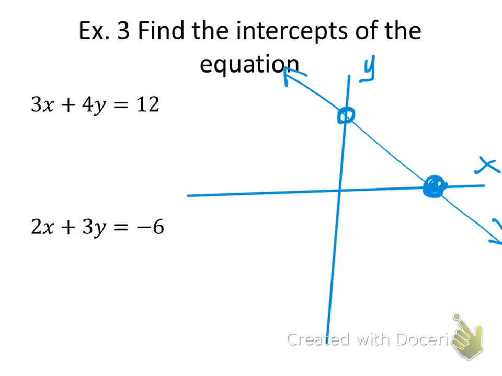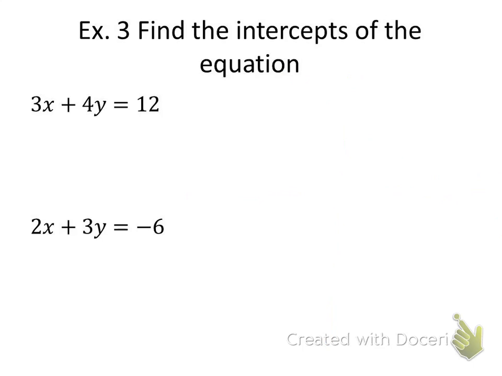There is a very, very simple way to find these intercepts. If you want to find the x-intercept, all I need to do is plug in a 0 for y. If I want to find the y-intercept, all I do is plug in a 0 for x and solve.